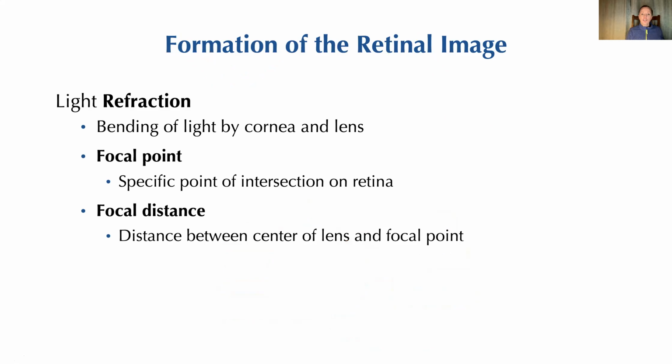So light refraction is what we're concerned with, what our cornea and our lens will do. The goal is to bend the light so that the rays coming in will intersect on a singular point on our retina to give us a clear focus point for vision. We call it the focal distance, which is the distance between the center of the lens and the focal point of the object. So we'll look at some of this.